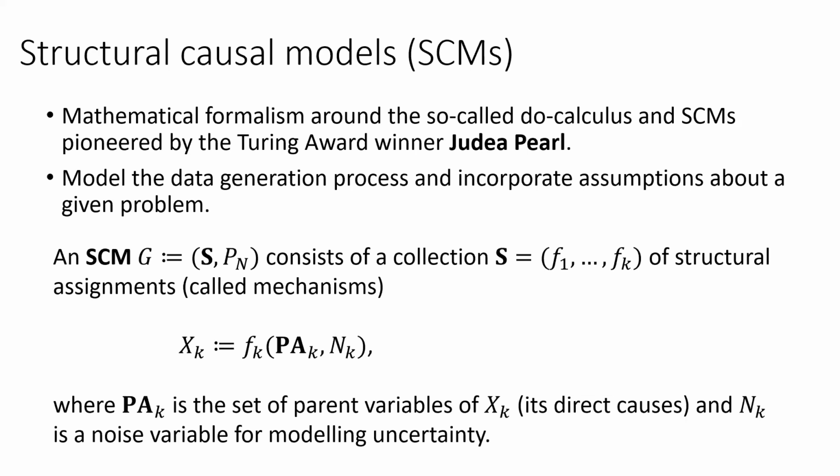It consists of a collection S of structural assignments called mechanisms, where X_k equals f_k(PA_k, N_k), where PA_k is the set of parent variables of X_k, its direct causes, and N_k is a noise variable for modeling uncertainty.